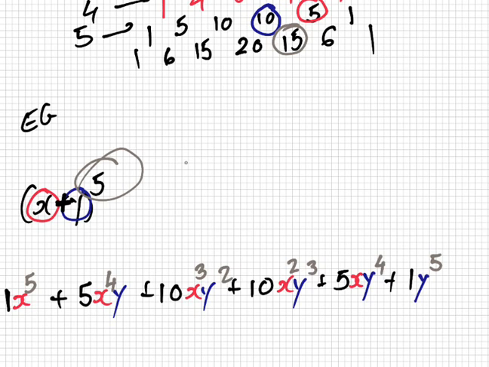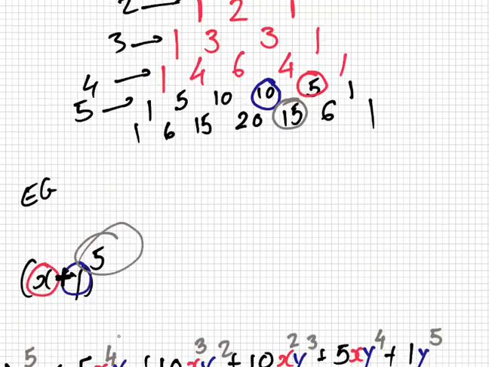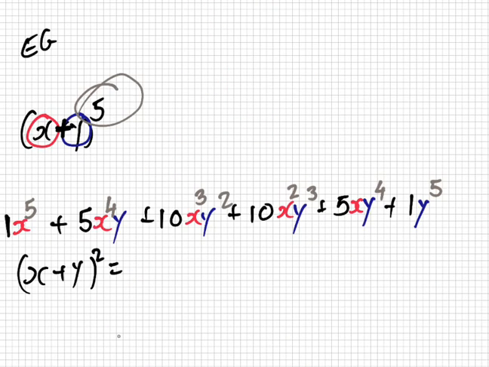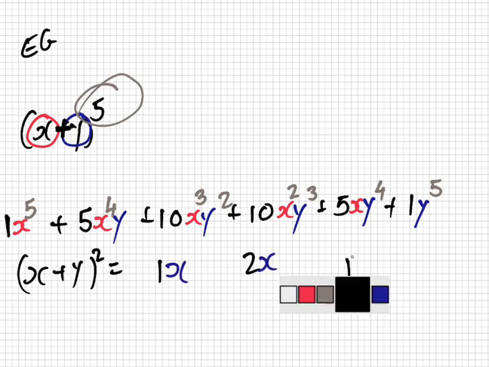Let's do it with one where we know the answer as another example. So here's my second example, x plus y, squared. What are the numbers for squared? 1, 2, and 1. See it there? So I write down 1, 2, and 1. What do I start with? x, x, and not here, because at the back I start with y.